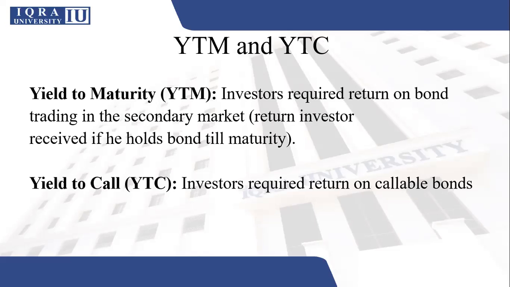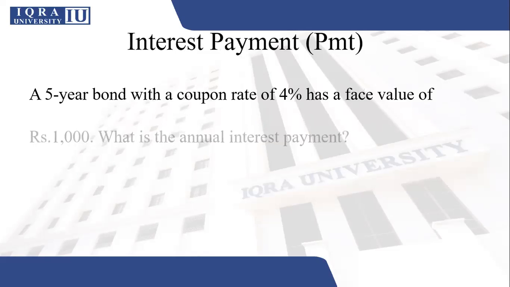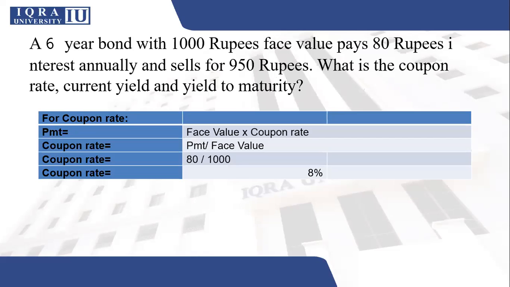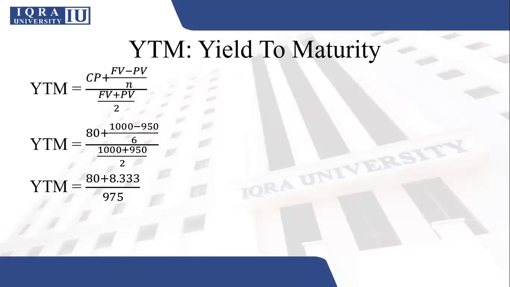They are instead going to get the return till the call date. So over here, you're going to calculate the return till the bond gets called. That will be the return for the investor if the bond is called by the corporation. And we already discussed when the corporation is most likely going to call back the bond. I hope you can remember that, and if you don't, then do go back and see those videos.